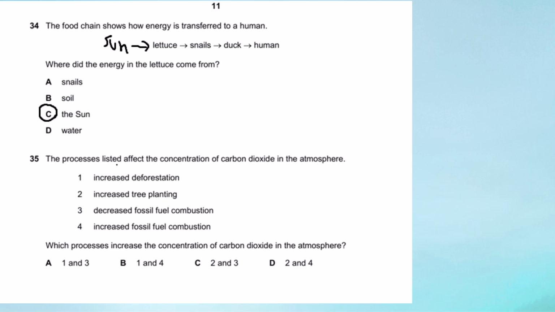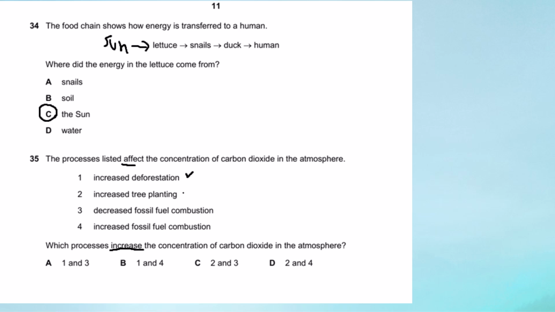The next one here is actually formulated a bit strangely. They say the processes listed affect the concentration of carbon dioxide in the atmosphere: increased deforestation, increased tree planting, decreased fossil fuel combustion, and increased fossil fuel combustion. Now, here comes a good question. Which of these processes increases the concentration of CO2? Let's look at which one it can be. 1. Increased deforestation. Yes, that would lead to more CO2.